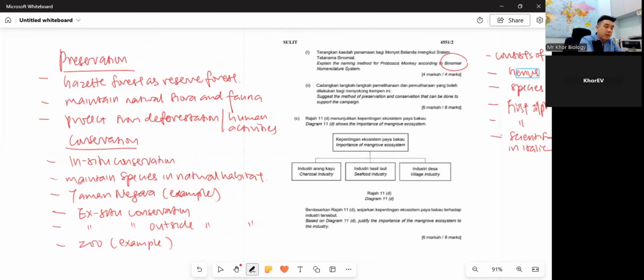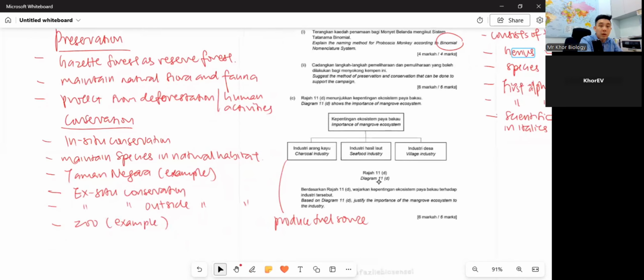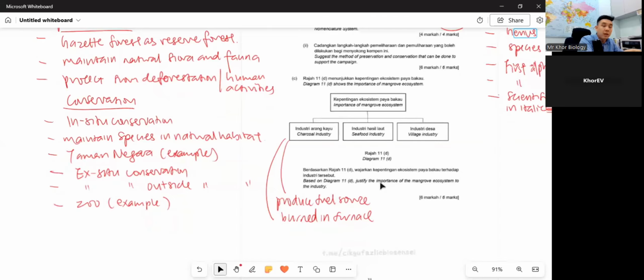So we say that it helps to produce a fuel source because they can be burned in a furnace, and this produces quality charcoal.